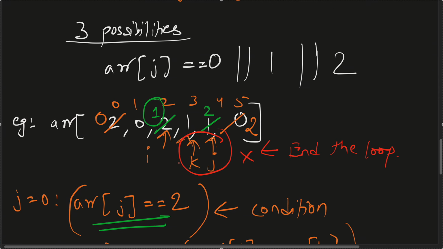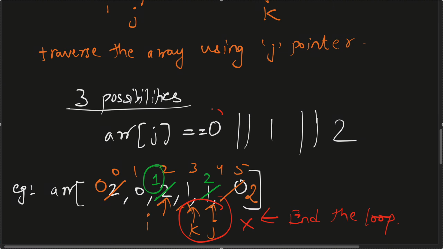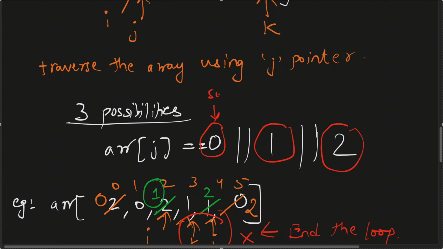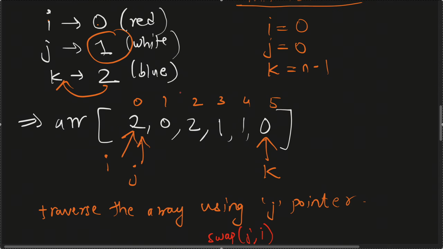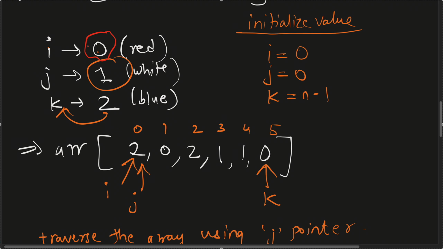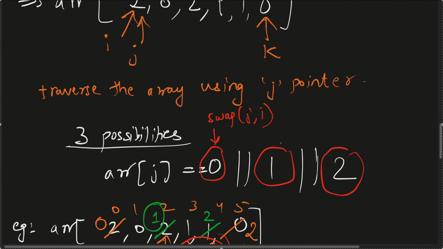There are only 3 conditions that may arise, 3 possibilities. Array of j can be either 0, 1, or 2, right? When array of j is 0, we will swap array of j and array of i, because the 0 element is represented by i, and we will increment i and j.